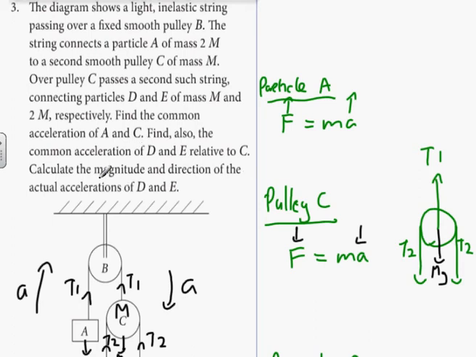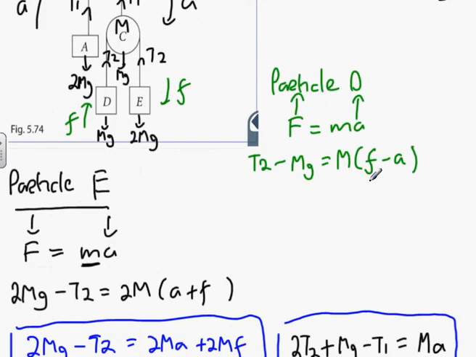But at the very end, it wants me to calculate the magnitude and direction of the actual accelerations. The actual accelerations are f minus a and a plus f. So an example would be if I'm on a pulley and I'm dropping down 5 meters per second squared on that pulley, but that pulley in turn is dropping down 3 meters per second downwards.